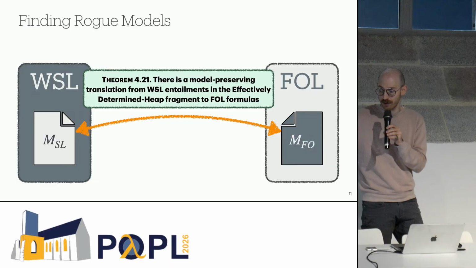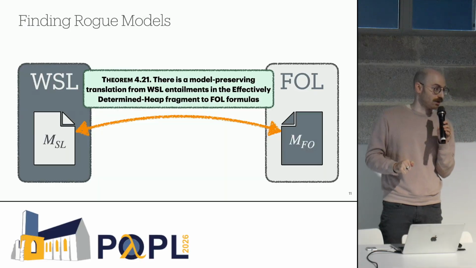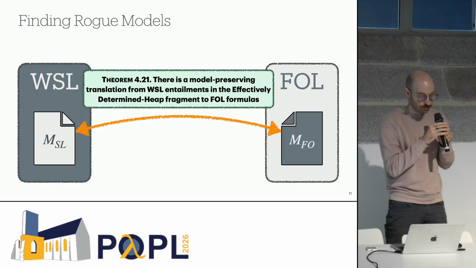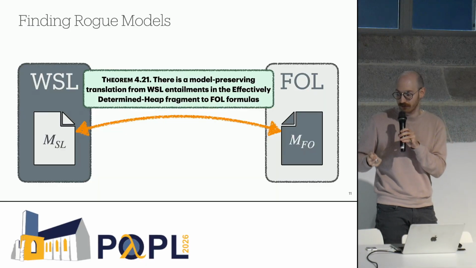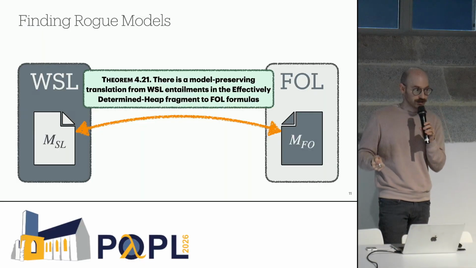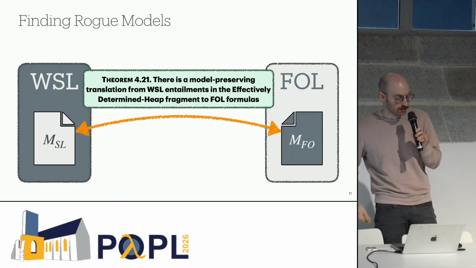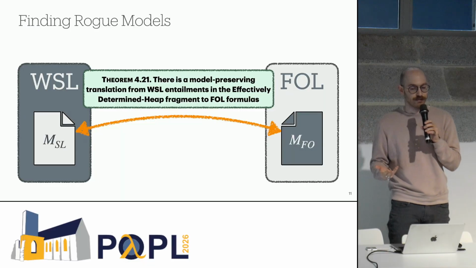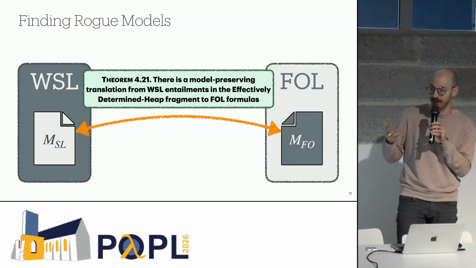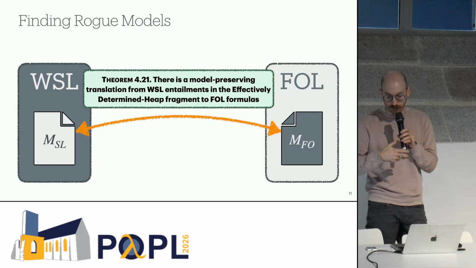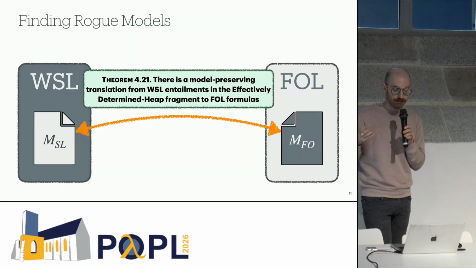We have this theorem that there exists a model preserving translation from weak separation logic entailments to formulas in first order logic for some fragment that we call the effectively determined heap fragment of weak separation logic. But this is a large fragment. It contains inductive definitions, background theories, and it also allows some quantification in the entailments themselves. And all of the real-world examples that we looked at fell into this fragment.